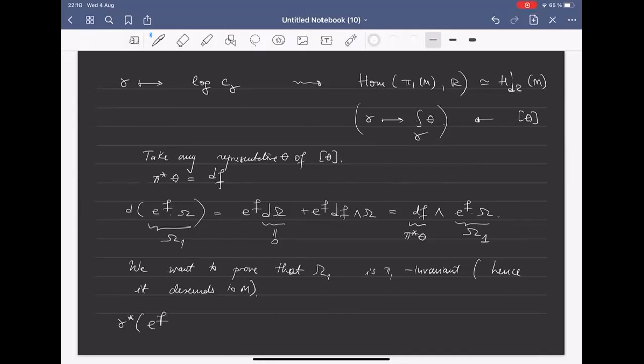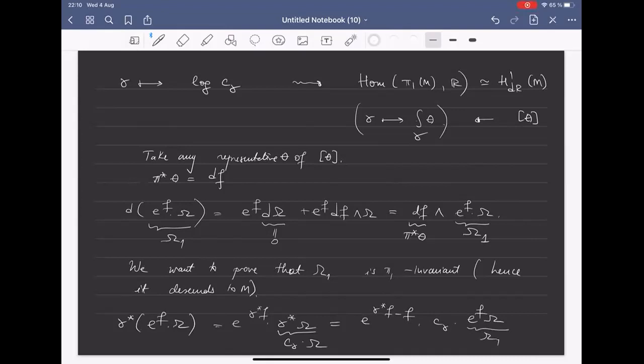So gamma star of e to the f times omega is e to the gamma star of f times gamma star of omega. Gamma star of omega, we know that is a positive multiple of omega, which is c omega. And we can introduce artificially the exponential of f. This is again omega 1.